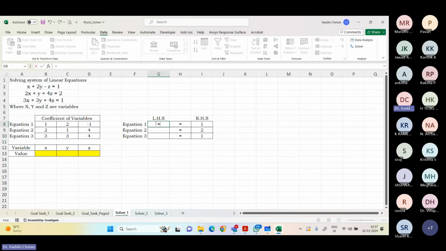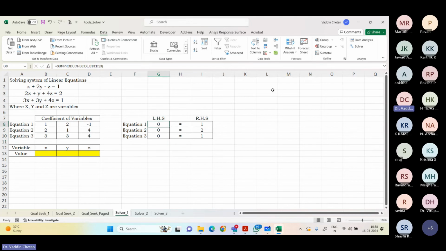That is equal to sum product of this, comma, this. Similarly, sum product of equation 2, comma, this, is equal to sum product of equation 3, comma, this, close this.